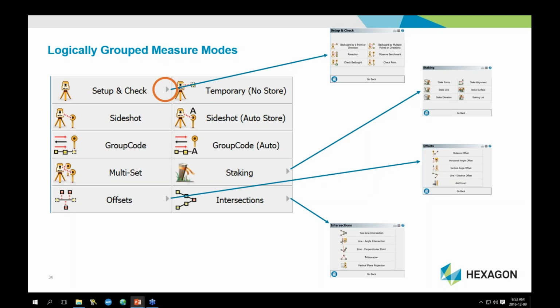Likewise with the staking, the offsets, and the intersections. And the group code, of course, is in the main measure modes menu, and not within any subgroup like the intersections or offsets are.